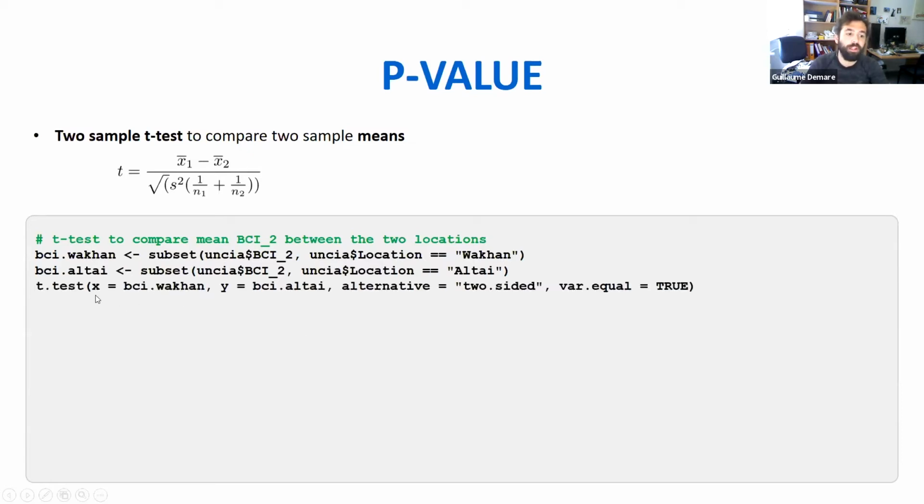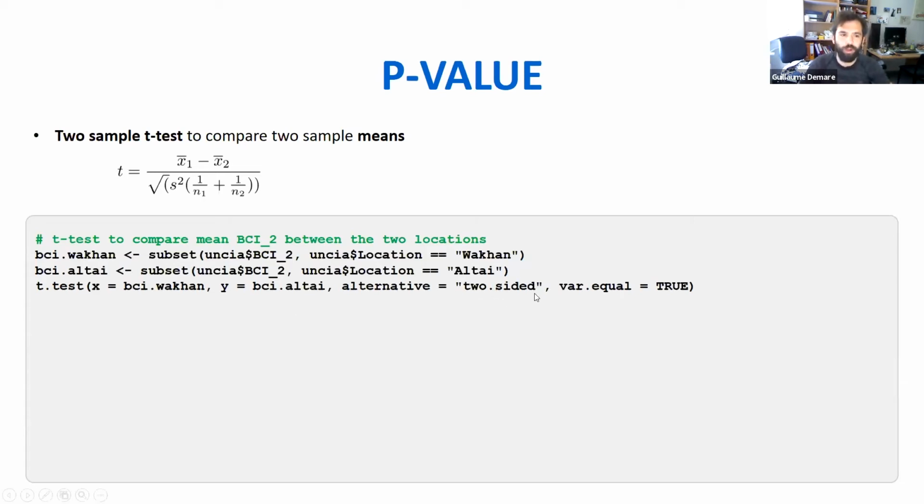And we perform the t-test. So the first group will be BCI Wakan, and the second sample will be BCI Altai. The alternative argument here is a default, so I don't actually have to write it in there, because R will have this by default. I just put it there so we are very explicit about what we're doing.